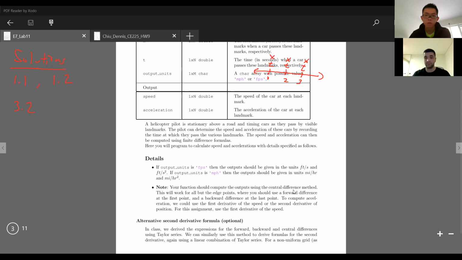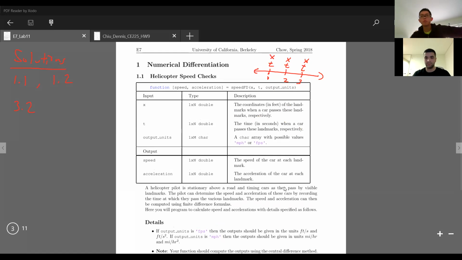And there's going to be 3 methods we're going to use. For most of the points, we're going to use something called the central difference method. So let's say I want information at 2 over here. That means we're going to do position at 3 minus position at 1, over time at 3 minus time at 1.